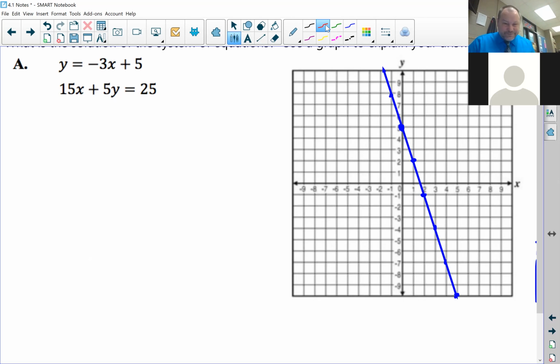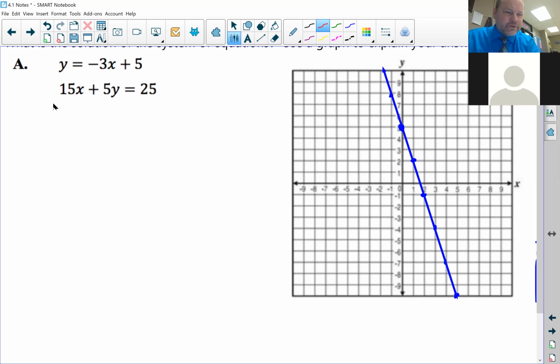In this case, that would give us some fractional answers, and that's not really a great way to find an exact value. So instead, I'm going to get the y by itself. So I'm going to solve this and get it into that y equals mx plus b form.